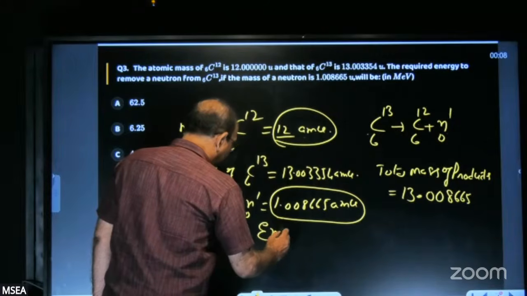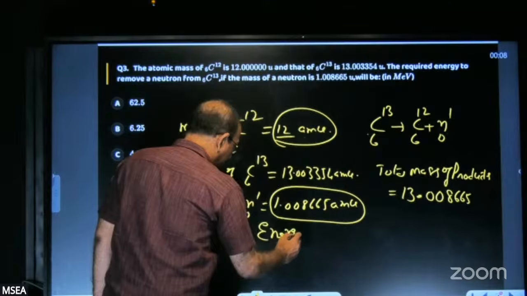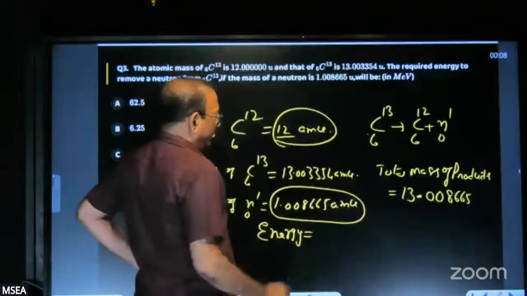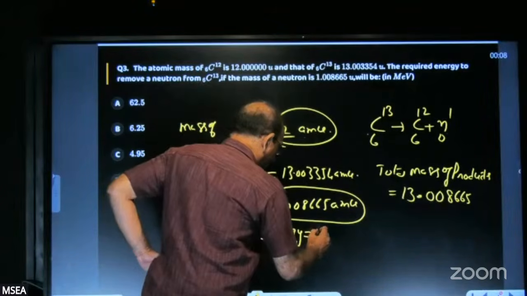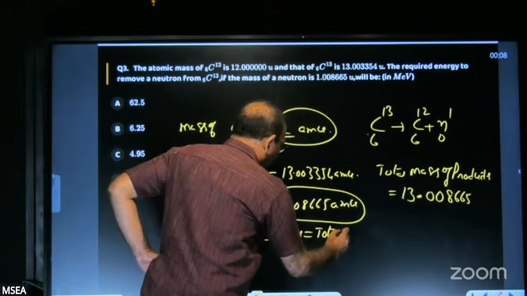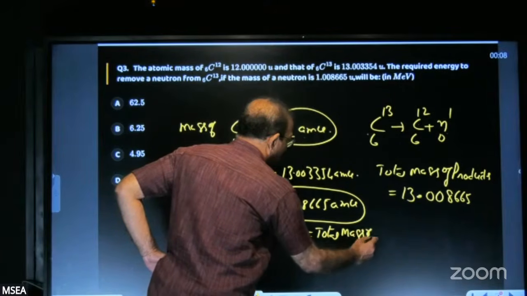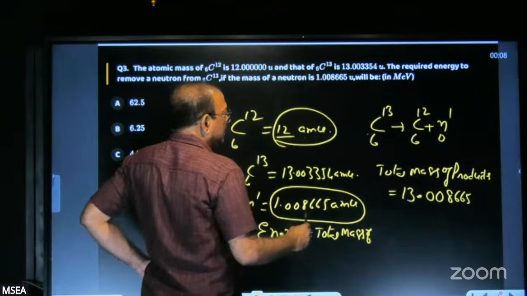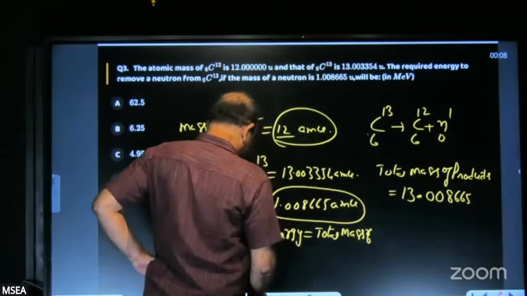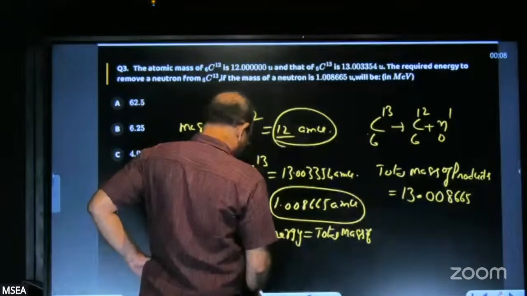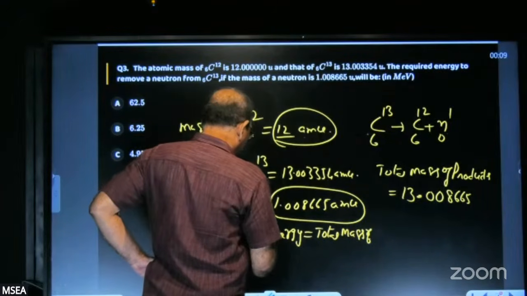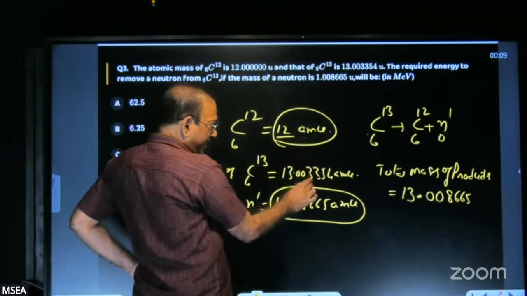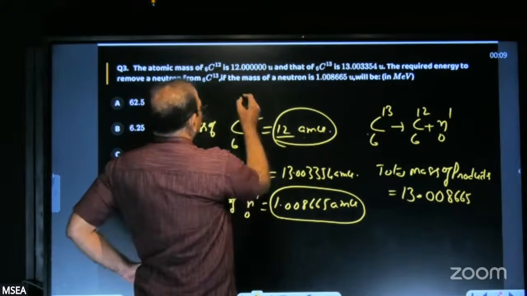Now, when masses are given, the energy of the reaction comes from the mass defect. First you have to find the mass defect. How? Take the total mass of products and the total mass of reactants and subtract them. That is the mass which is converted into energy, in atomic mass units.